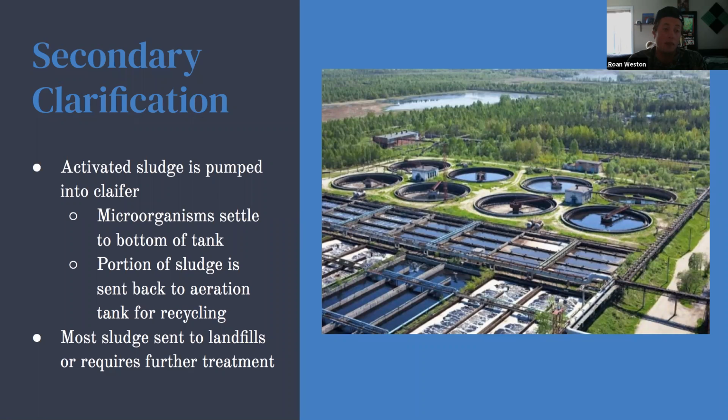The water is allowed to settle, and the microorganisms or activated sludge is then taken out of the tank and sometimes pumped back into the aeration tank, so you can kickstart this process again and clean more water. But most of the time, the sludge is sent to landfills, or it can even be used as fertilizer after it's treated with various methods.